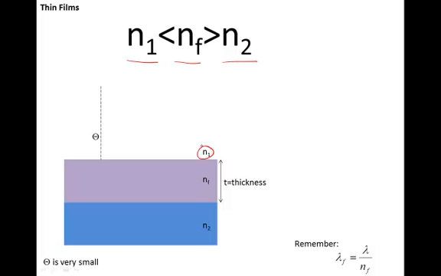So here's N1, let's assume it's air, and we've got this wavelength that is incident upon it right at this point right there, and then some of it refracts and reflects. So here's the part that reflects. We're going from a lower index to a higher index, so it's going to be out of phase with the original ray of light.